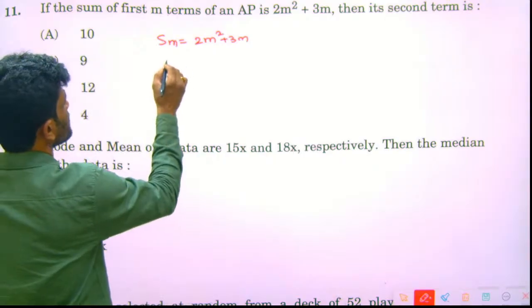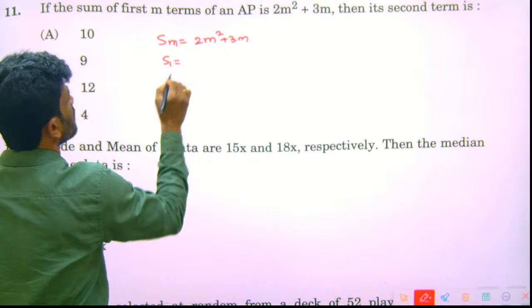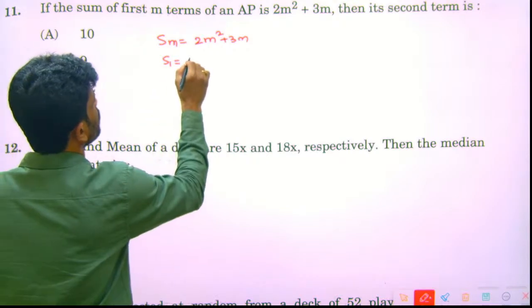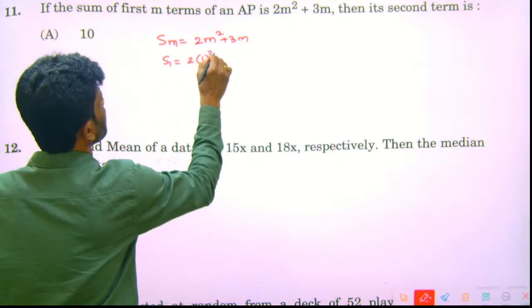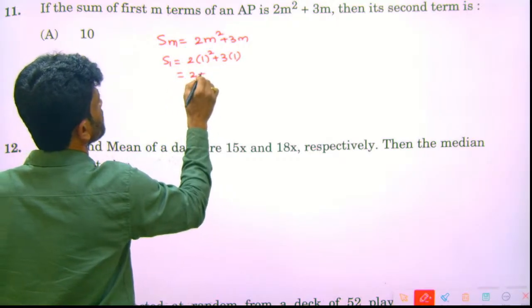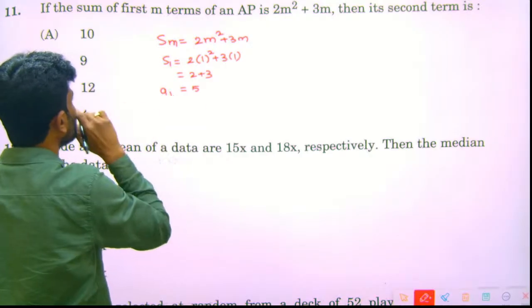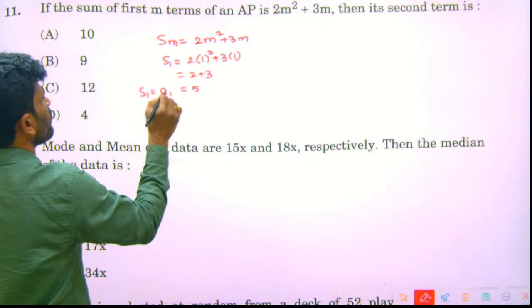So how can we find the second term? You can find S1 first. S1 is what? 2 into 1 square plus 3 into 1, that is 2 plus 3, that is 5. So A1 is equal to, or S1 is equal to 5.